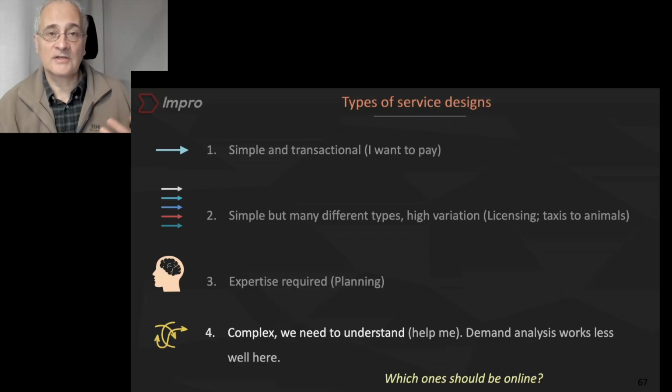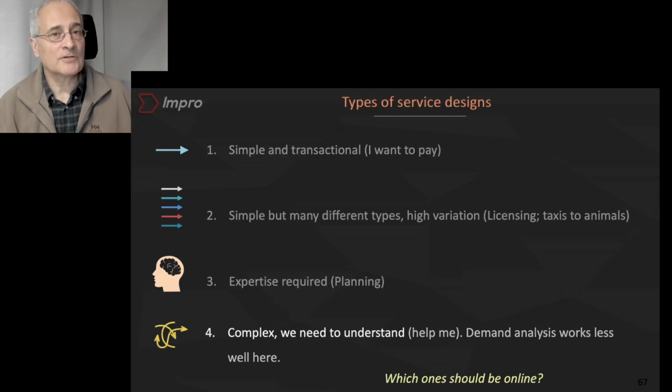And you can see that in this example, we've used a service that is actually complex. It was actually designed as a simple and transactional service, but it actually was a complex one. And that was the reason why it was so difficult for the people working there to actually make that an efficient and effective service.